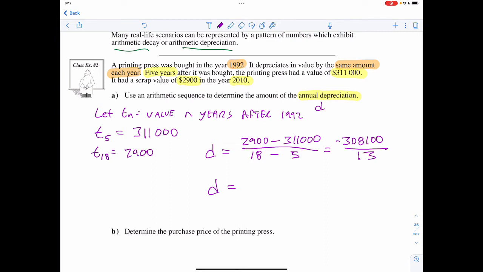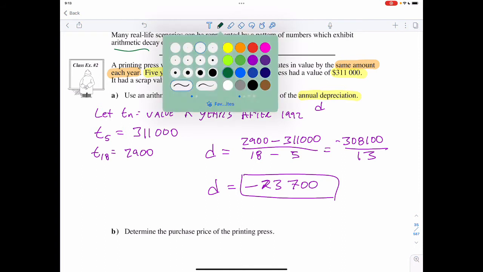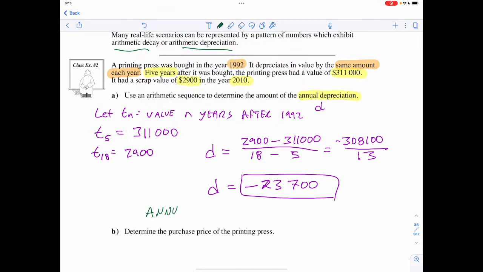Sorry, negative 308,100. Which means that it's going down by $23,700 each year. And then I can state that the annual depreciation is $23,700.